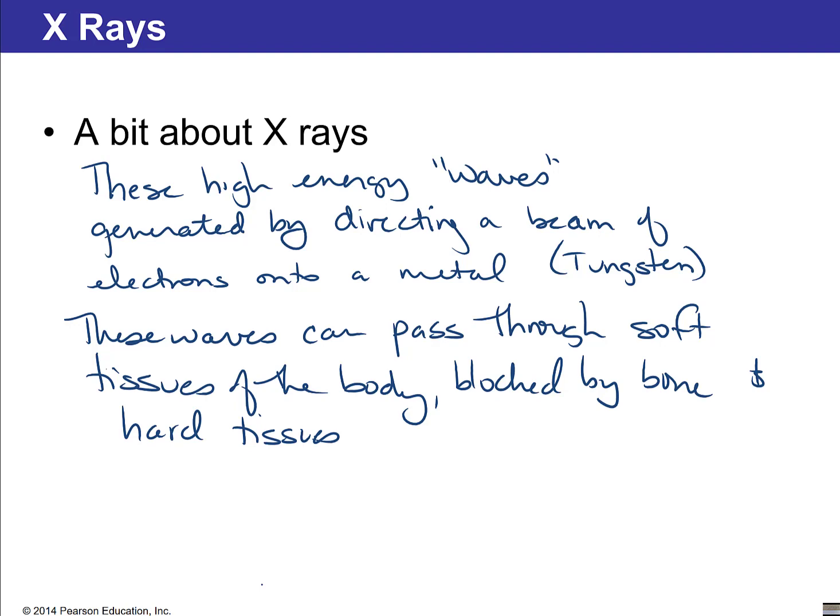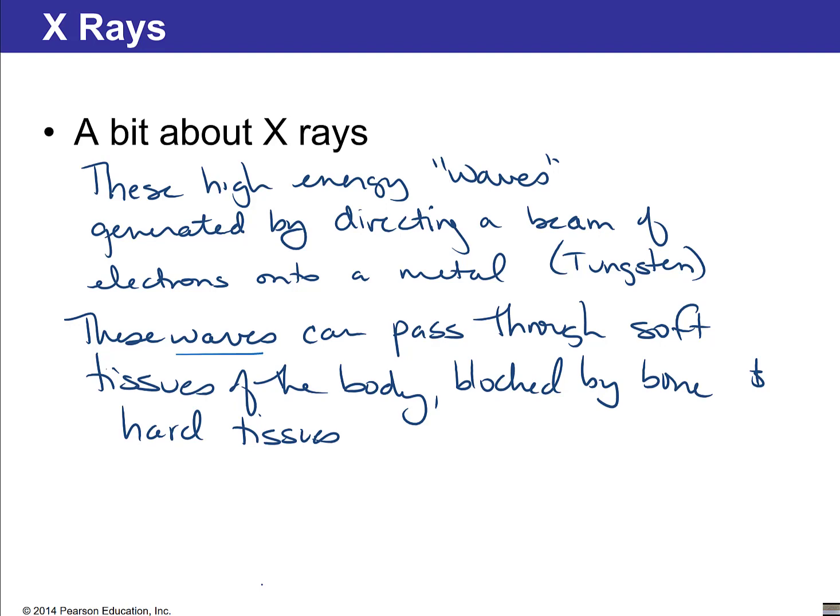Instead, what they do is they have a metal, most commonly it's tungsten, and they expose this metal to a beam of electrons. So it's kind of like high electricity being bombarded on this metal, and what it causes the metal to do is it releases energy. Those energy waves are your X-rays. They are not as strong as gamma, but they're pretty close.